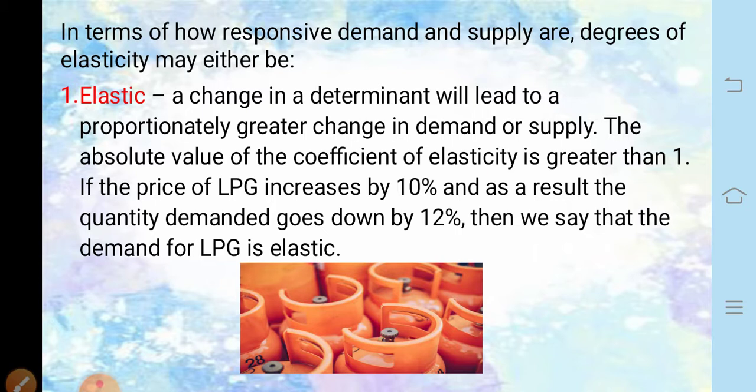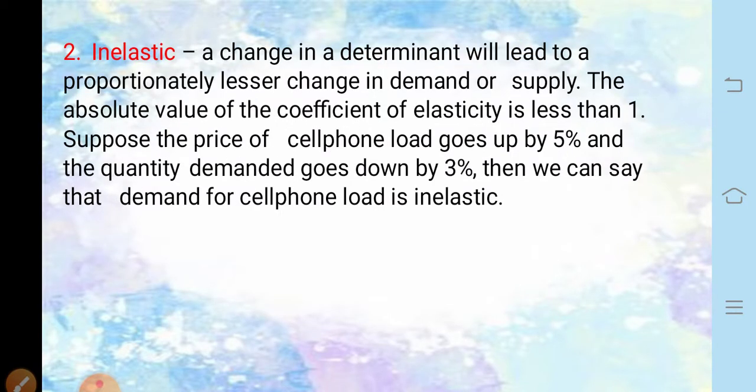Sorry. Mas mababa yung percent ng pagtaas ng price compare sa percent ng pagbaba ng demand. Which is 10 to 12%. Dito naman is that 5 to 3% kasi nga mas mataas yung percent ng pag-increase ng price kaysa pagbaba ng demand. Okay, so it is inelastic.